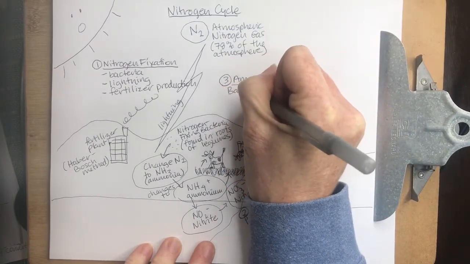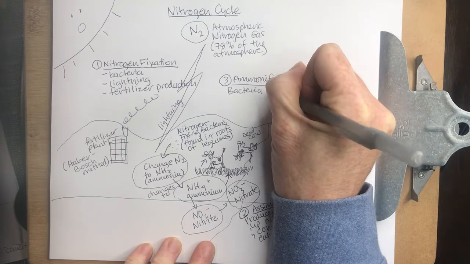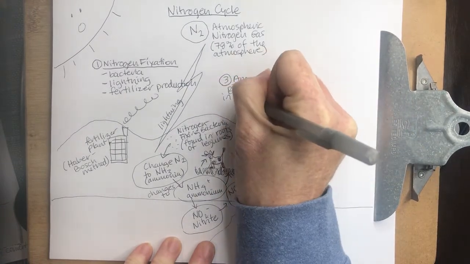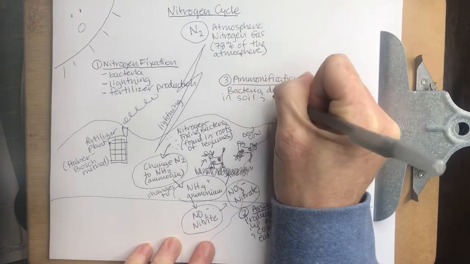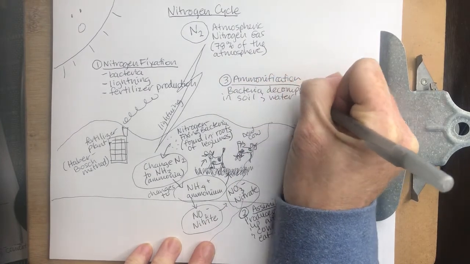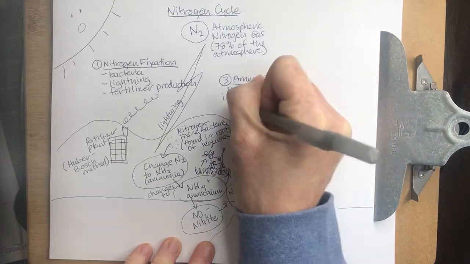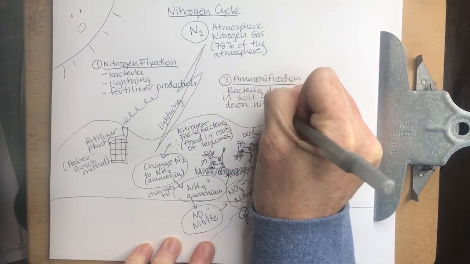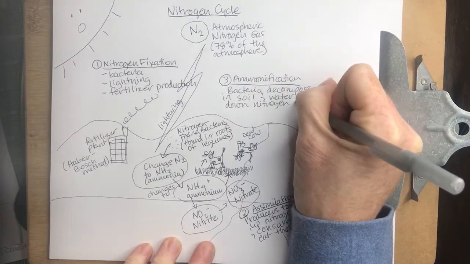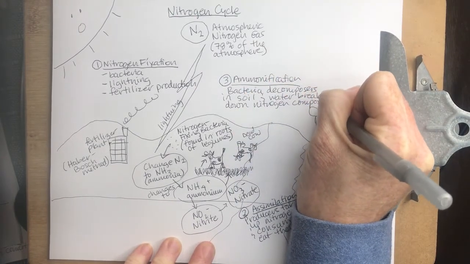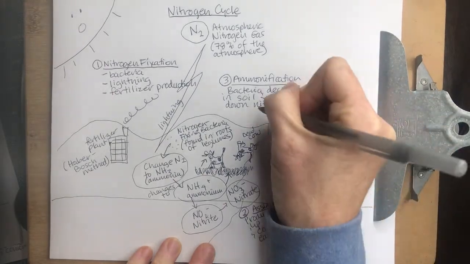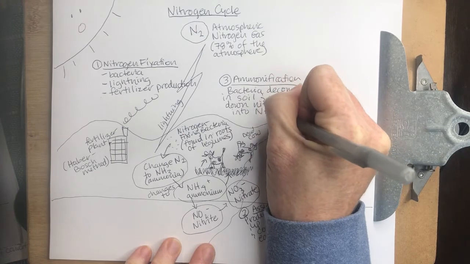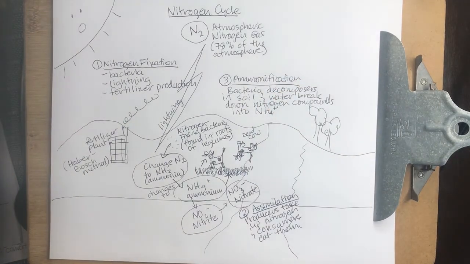So bacteria, decomposers in soil and water break down nitrogen compounds into NH4 plus. Okay, ammonification.